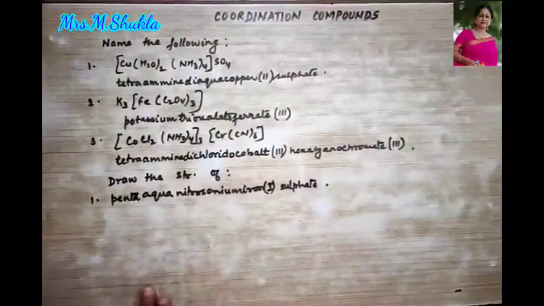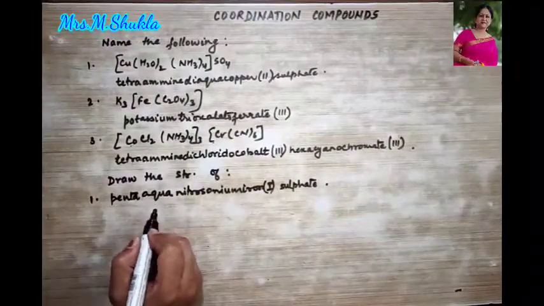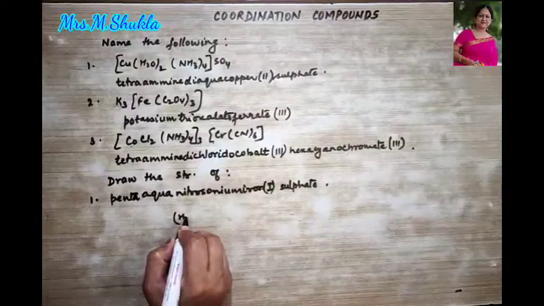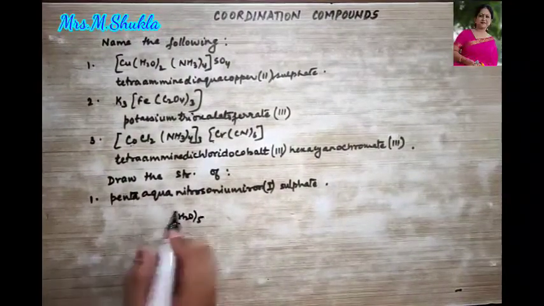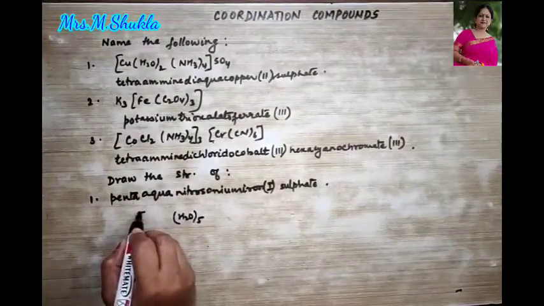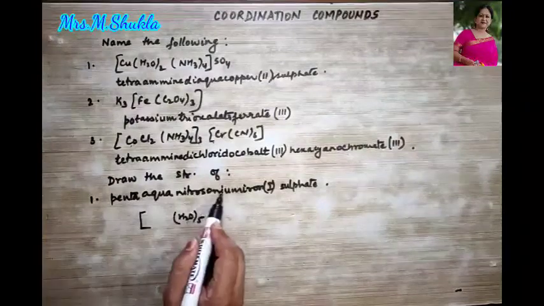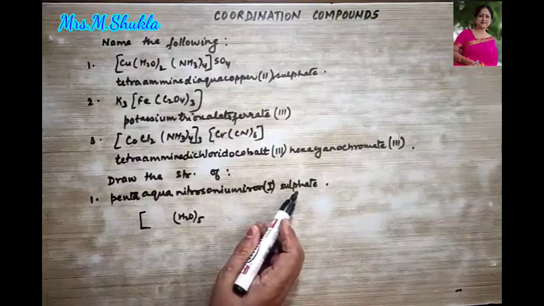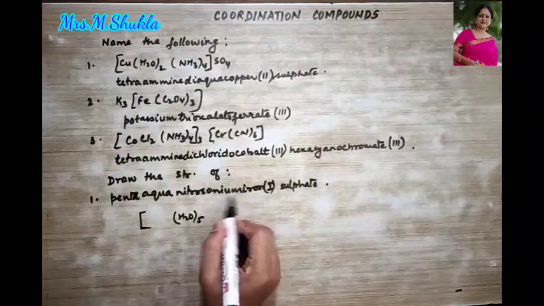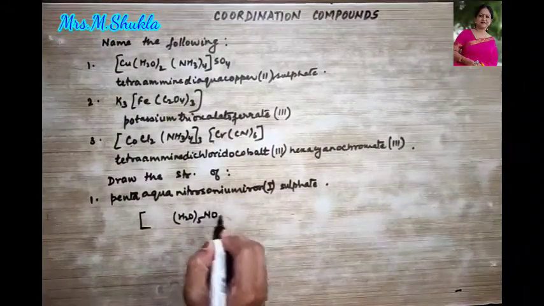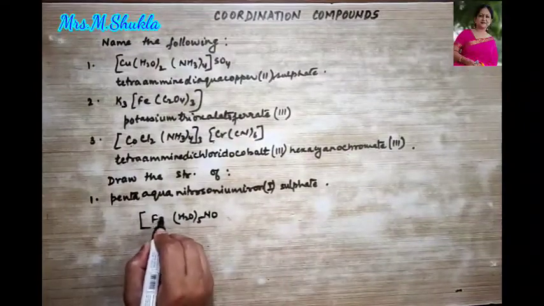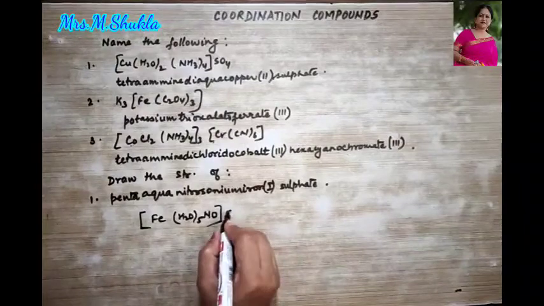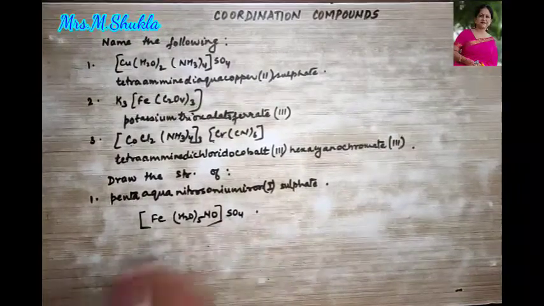Write down the formula of this. So what does it say? Pentaaqua, that means aqua, which is penta. Now this has to be inside the big bracket. Nitrosonium, iron(I), sulfate. So what is nitrosonium? This is NO. This is iron(I). Close the bracket. Sulfate, that means it has to be written outside.